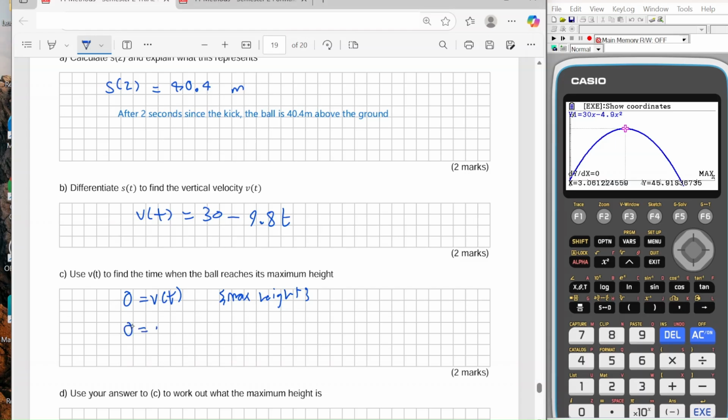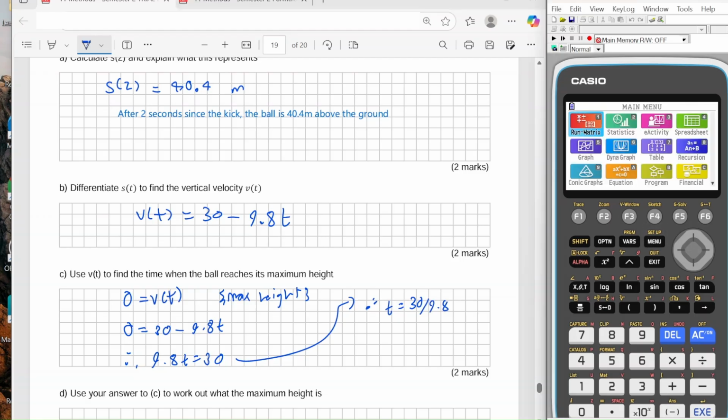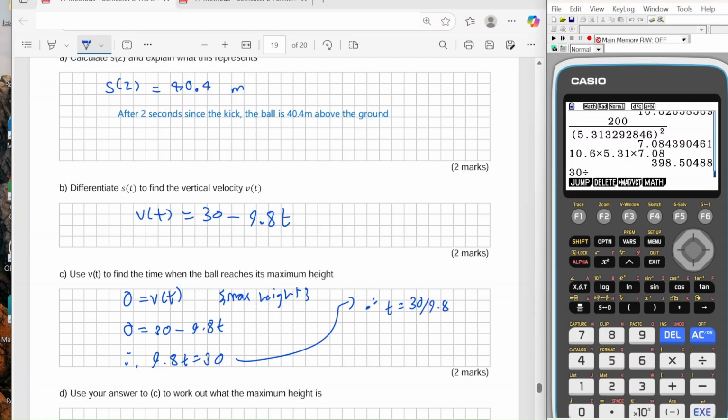So 0 is 30 take 9.8t. So therefore 9.8t is 30. Therefore t is 30 over 9.8. And if we work that out, we should get about 3.06, which we saw before. So t roughly equals 3.06 seconds.